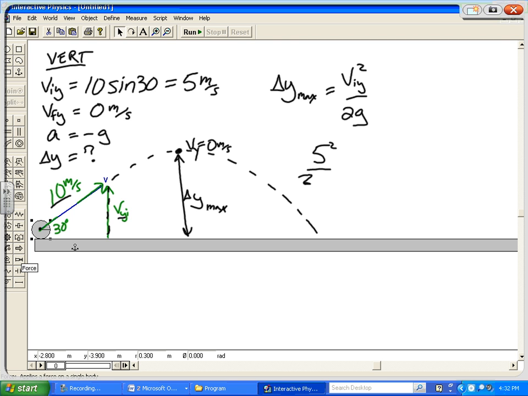Divided by 2 times 9.8. Then we get a number that's about 1.25 meters tall. And that should be it. So your delta y, your max height, should yield 1.25. And that's how you get the maximum height for a projectile launched at an angle.